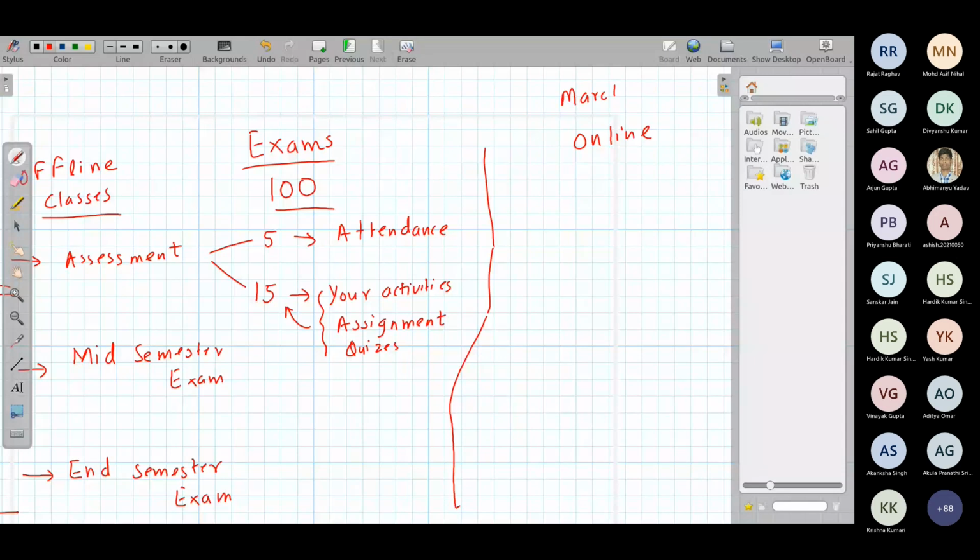February or March. So the last batch means this 2021 batch was run in a completely online mode. Okay. So how do we take the exam of this batch? The division was same, 20, 20, 60.